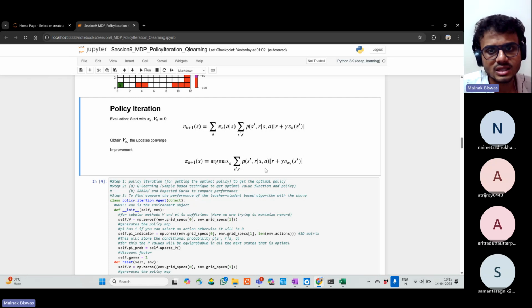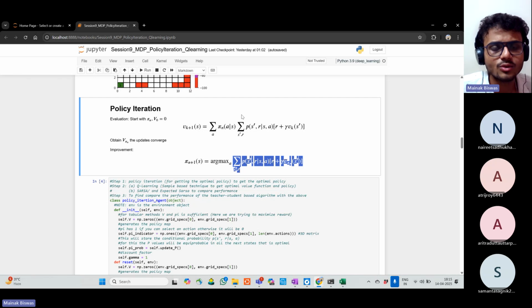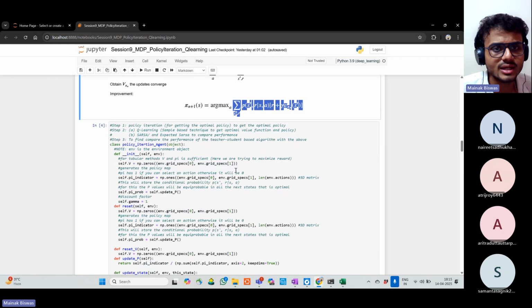In this case, you're seeing which action maximizes your q value function. This is the q value function, right? Any questions? So first you get the value function, keep iterating over the values of v, updating this equation, and then you update the policies. So let us see how to do it.